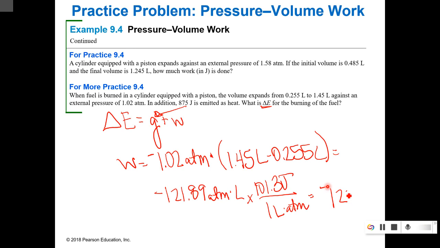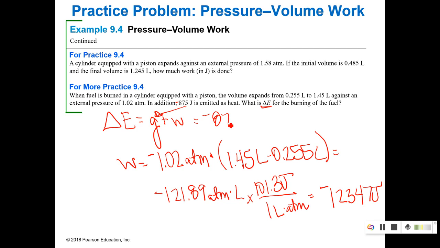I get negative 12,347. I said the right number and I wrote the wrong one. Joules. And it says that this is emitted. Emitted means it's exo. So this will also be 875, but it's going to be negative.